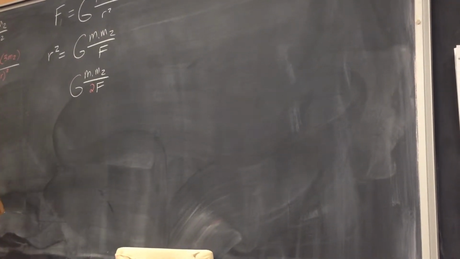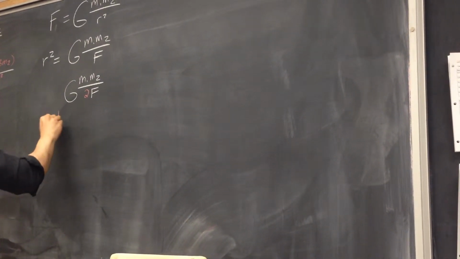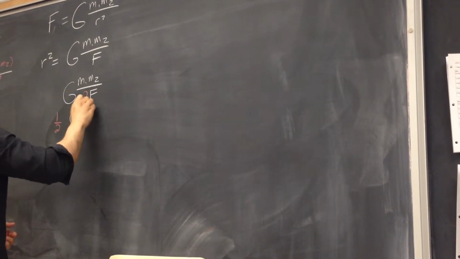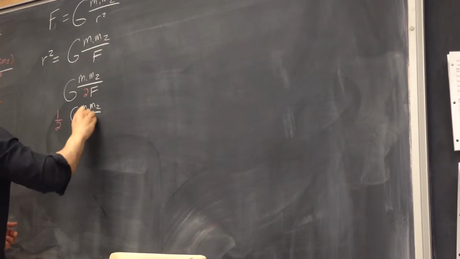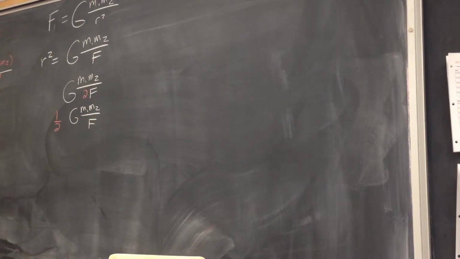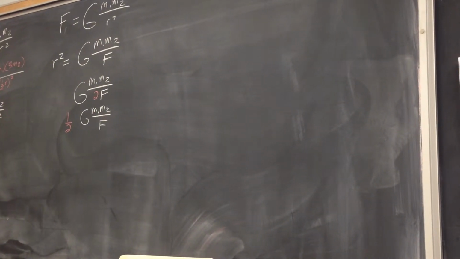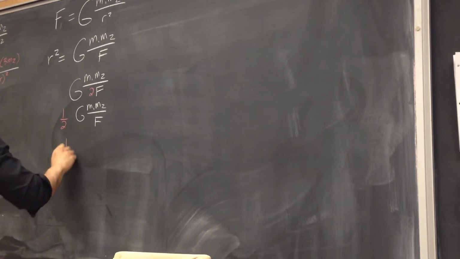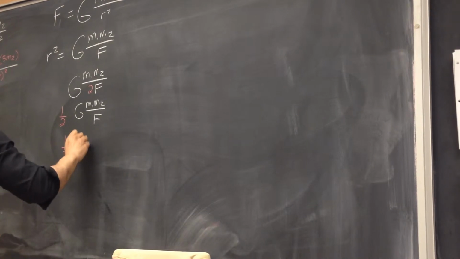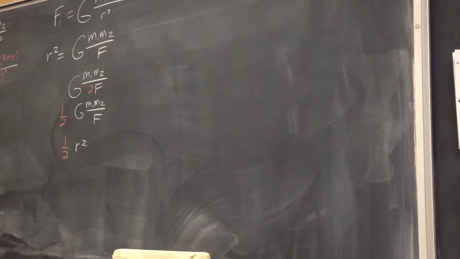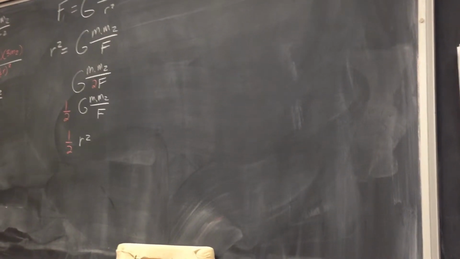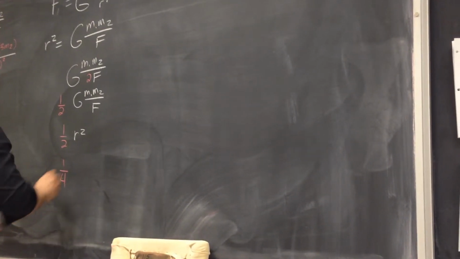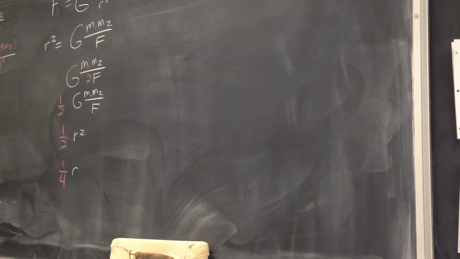Bring that 2 out front, so it becomes 1/2 times G m1 m2 over F. We'll recognize G m1 m2 over F as being the radius squared. So 1/2 the radius squared. Then we can just root the whole thing. So we wind up with 1/4 the radius.